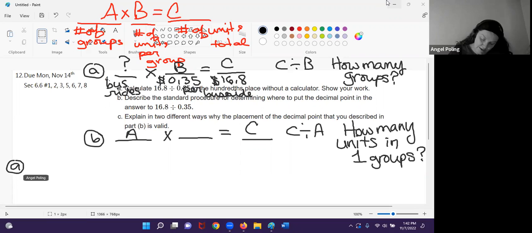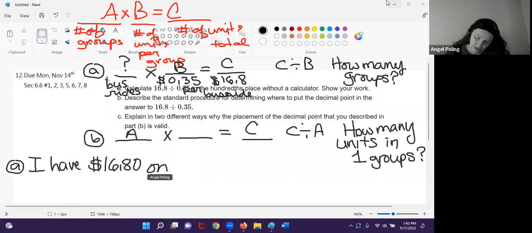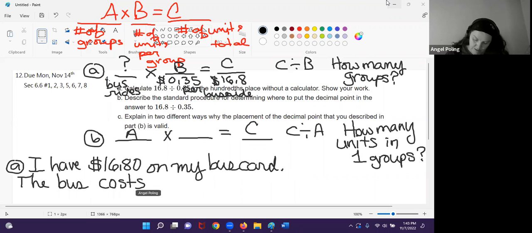Because we already wrote this problem. We said, I have, or whoever, John, right? I have $16.80 on my bus card, the bus costs 35 cents to ride.